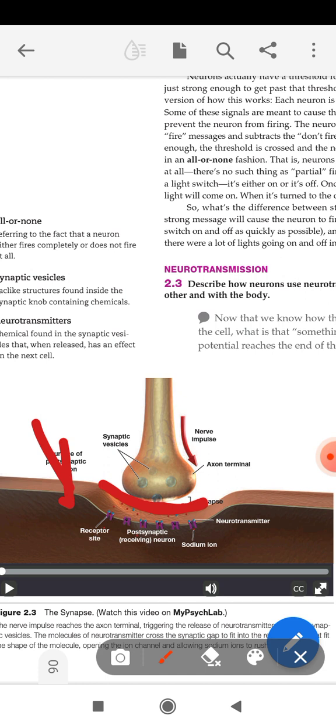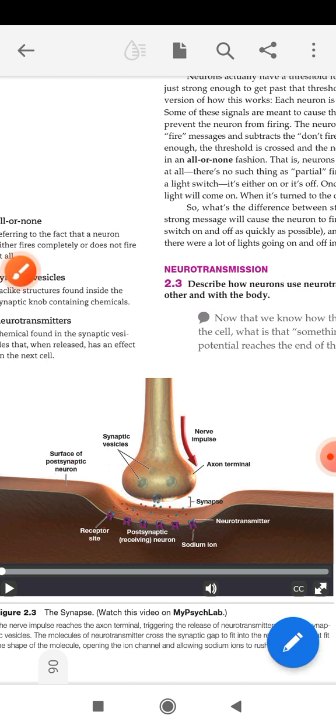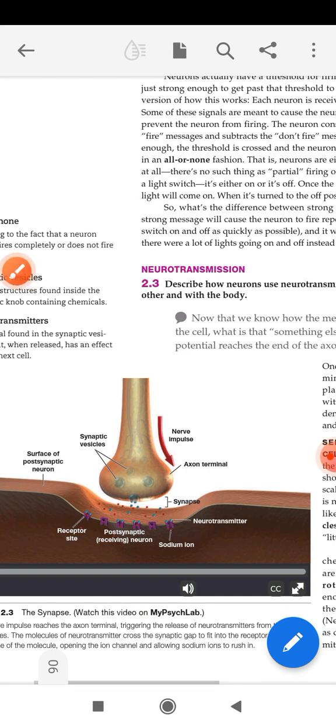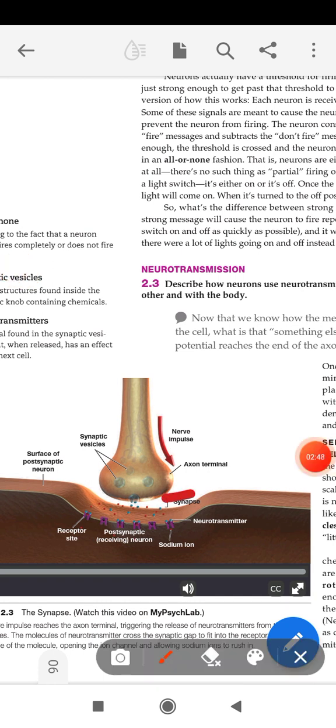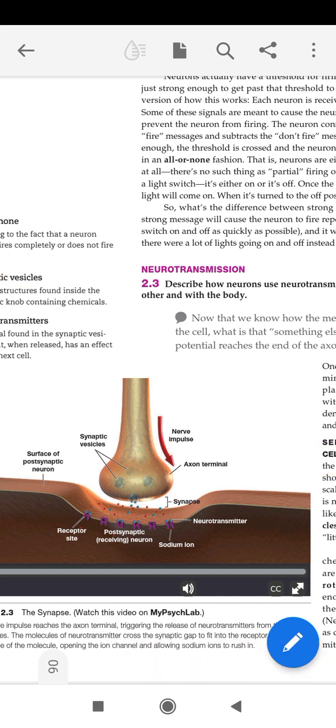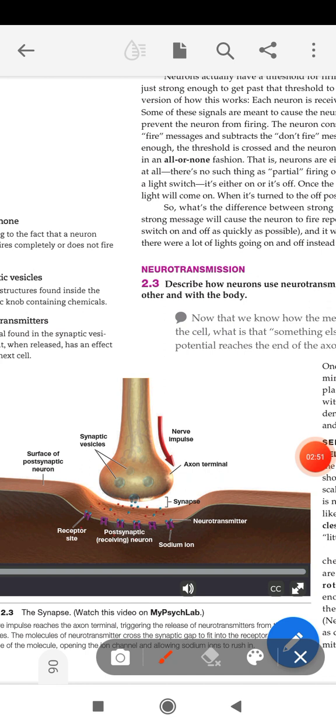This particular space will be known as the synapse, and this is your entire receptor site. On this receptor site there are some spaces made to fit the neurotransmitters.